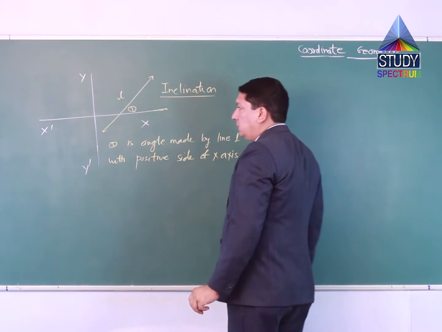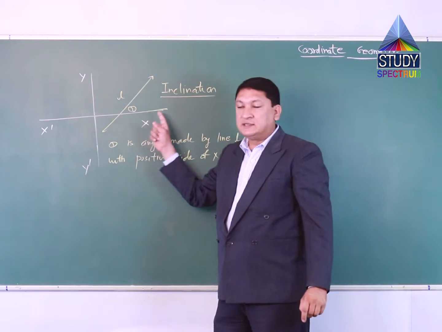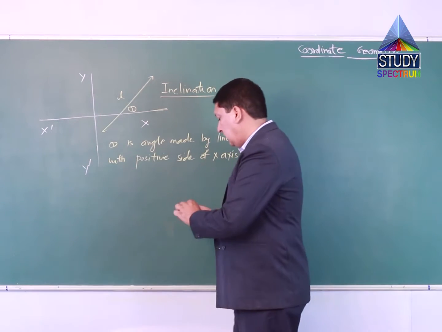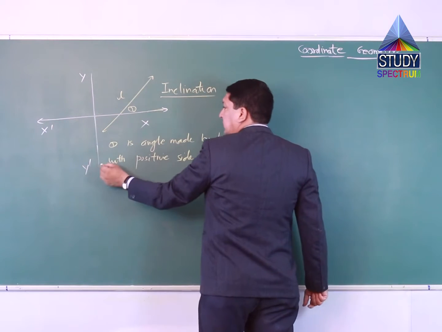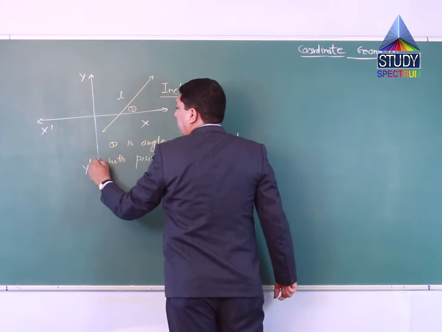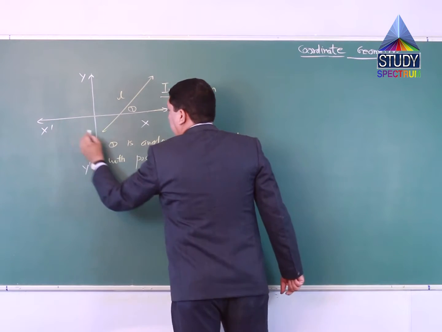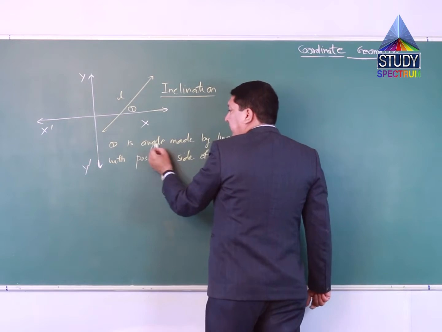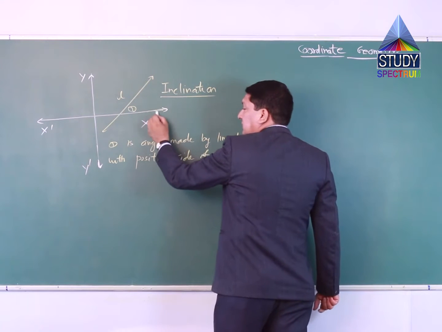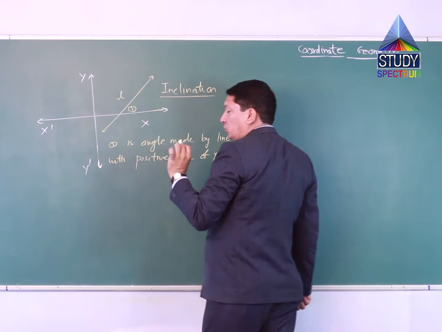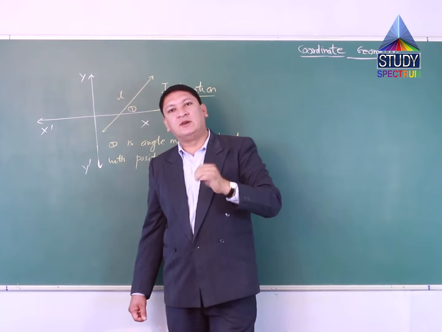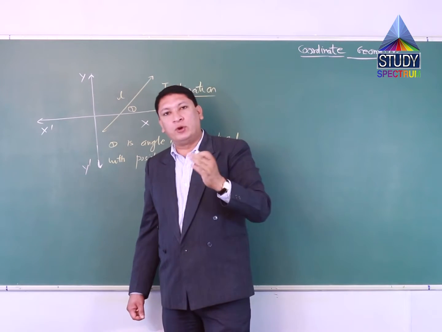This is your theta. This is your x-axis, this is your y-axis. This is the positive side of x-axis, and this is the negative side of x-axis. Any angle theta made with the positive side of x-axis is theta, and theta is nothing but inclination. So never get confused. When theta is more, inclination is more.